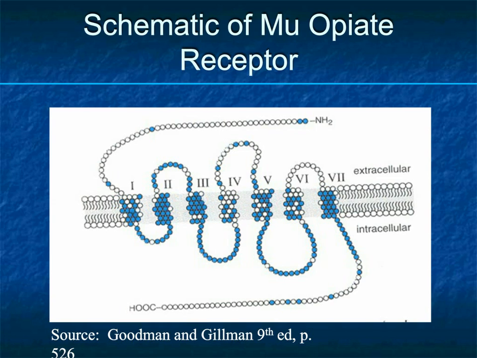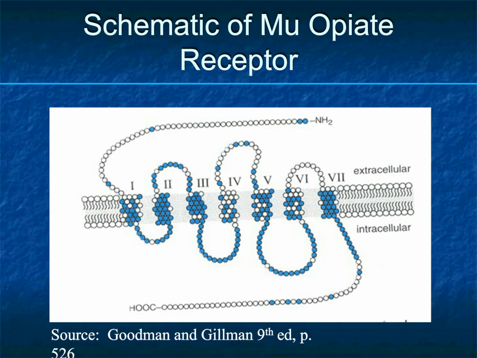So let's have a look at the opiate receptor, the Mu receptor. There's more than one type of opiate receptor. In fact, there are 3, possibly 4. When we talk about buprenorphine, we're going to be talking about 2 of these, the Mu and the kappa. The Mu receptor is the opioid or morphine receptor that we all know and love.